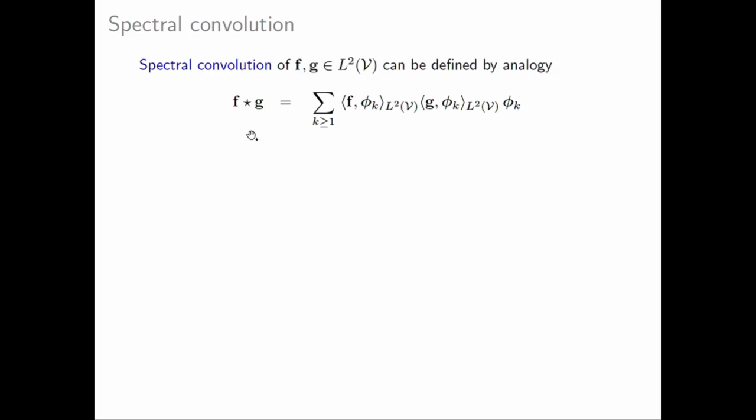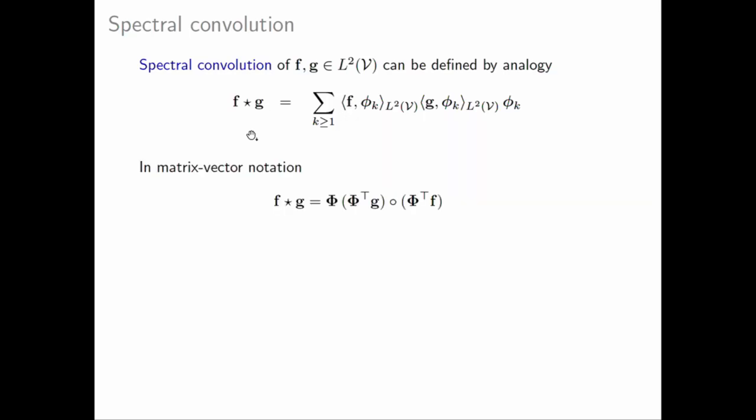Because what we have just said is that we have expressed the convolution as a very specific operation in the spectrum of the Laplacian, something that is diagonal in the eigenvectors of the Laplacian. So we can use this as a definition, as a tool to think about convolutions in this general domain. We take the Fourier coefficients of the filter and the Fourier coefficients of our function, multiply each frequency independently, and then use the inverse Fourier transform again.